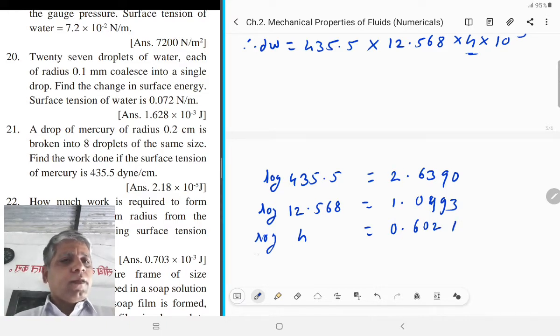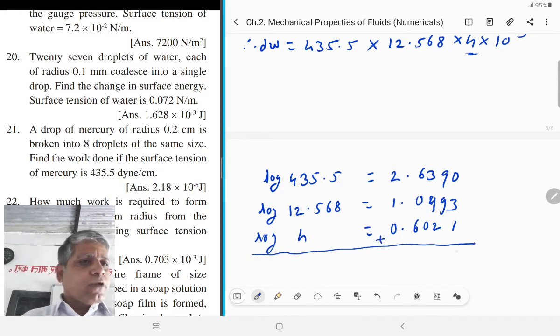Here is the multiplication, so add these logs.